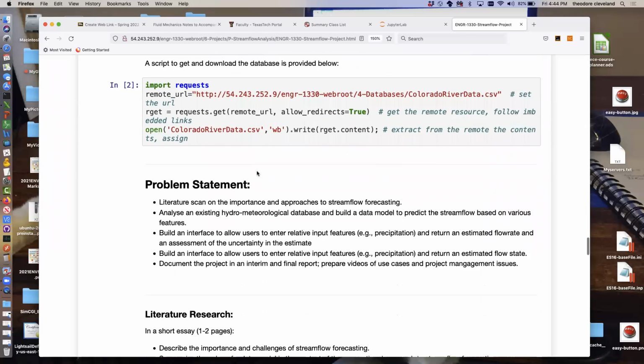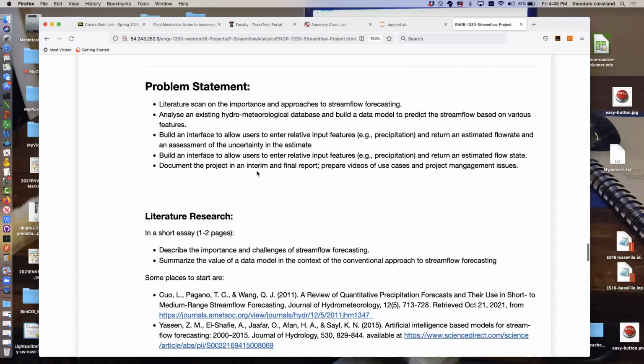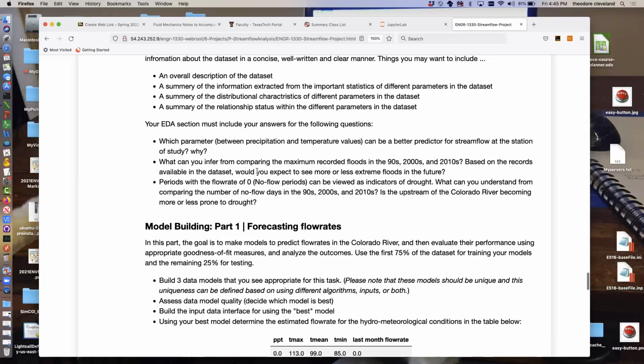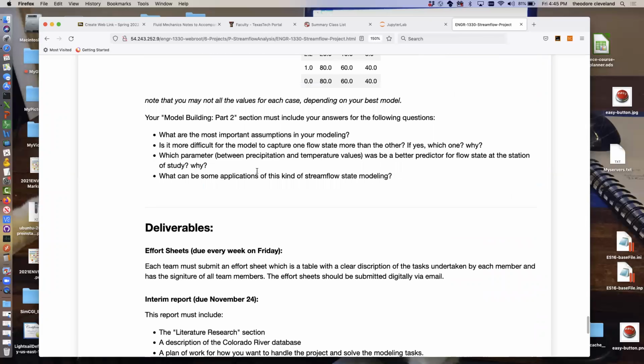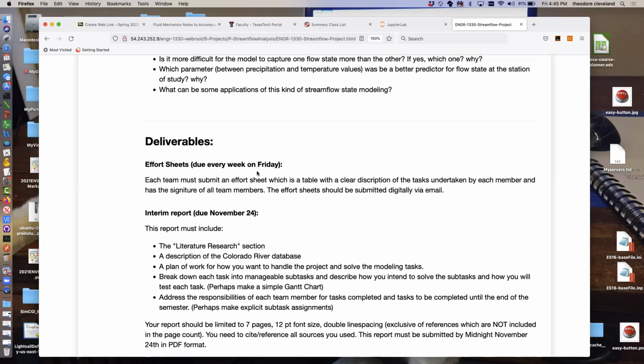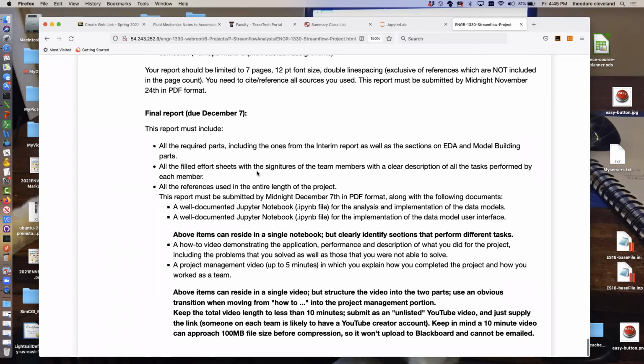Then you go ahead and get the stuff, and then the problem statement: literature scan, analyze the existing model, build an interface to allow relative input, document, and the model building part. I think this particular project is best done using a technique called logistic regression. Same deliverable list and same due dates.